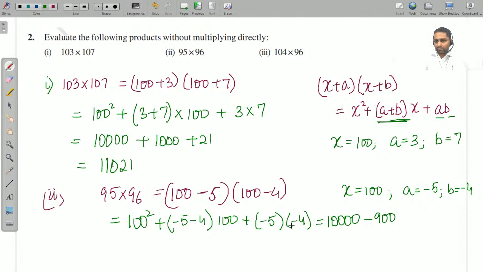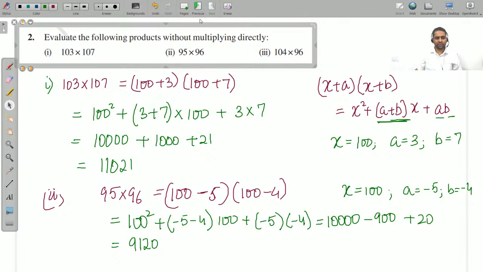Negative 5 times negative 4 means positive 20. So it comes out to be 9120. That is it. That becomes your answer. Coming over to the next part, that is the third part.